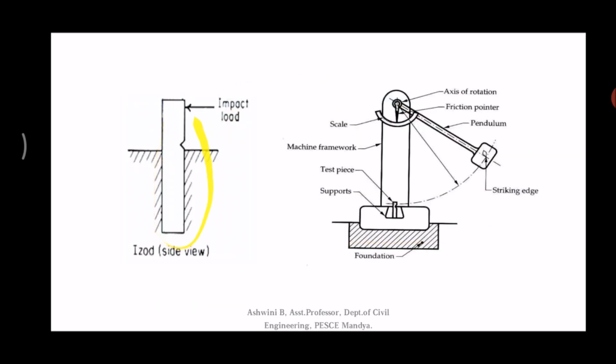This is the Izod specimen where a notch is made at a distance of 1/3 from the top or 2/3 from the bottom, and this is impact testing machine where this is called as pendulum, this is scale, this is machine framework, and this is the test specimen, this is support, and this is foundation.